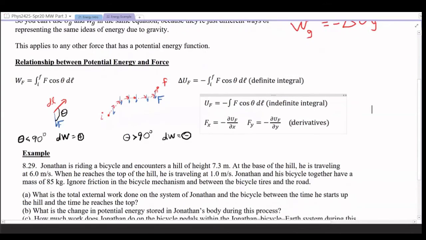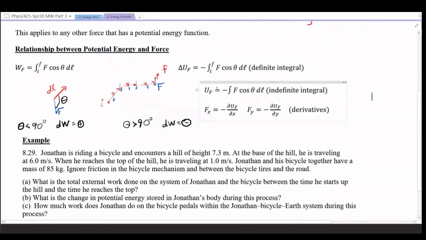Now, of course, if potential energy is minus the integral of force, then it should go the other way around also. And one of the tricky parts about this is potential energy is a scalar, a regular function, whereas force is a vector.